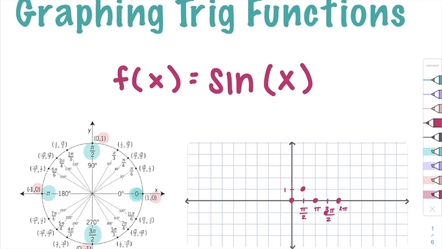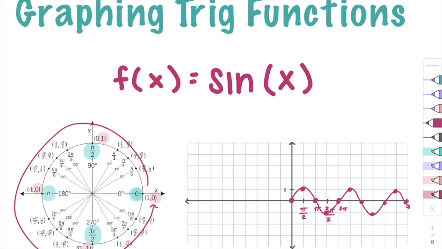If I kept traveling around my unit circle, I see that the pattern is just going to keep repeating. I'm going to go back up to 1, then 0, down to negative 1, 0, 1, 0. No matter how many times I travel around the unit circle, I can just keep creating this graph that runs through here forever.